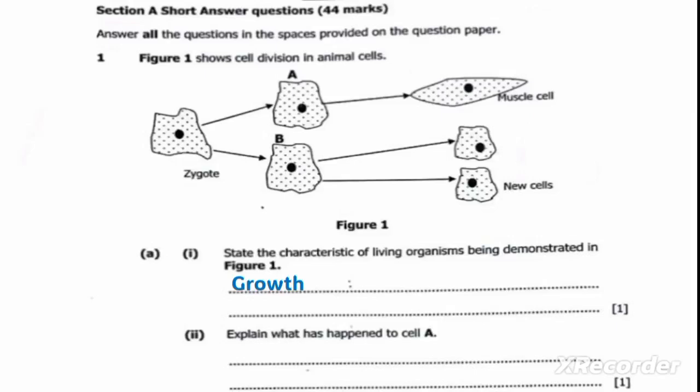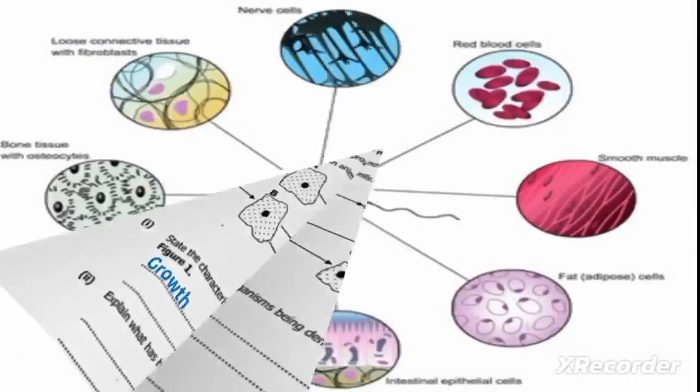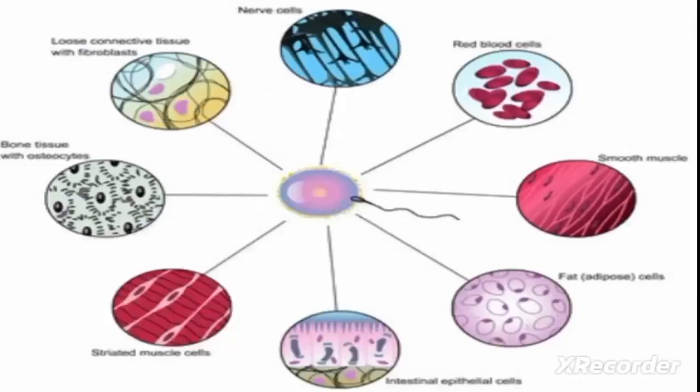So muscle cell takes part in movement, it enhances or spearheads the movement. So A has become a specialized cell.